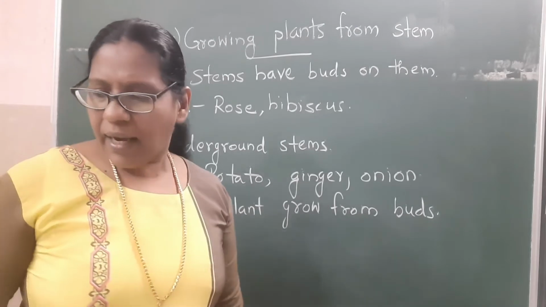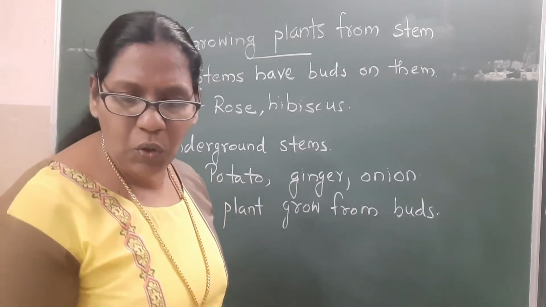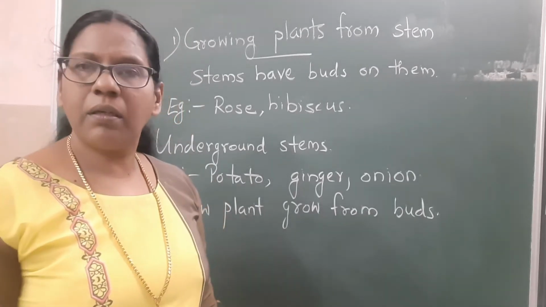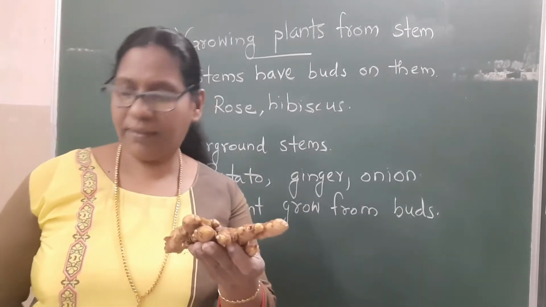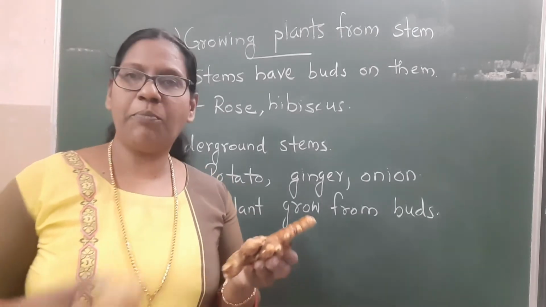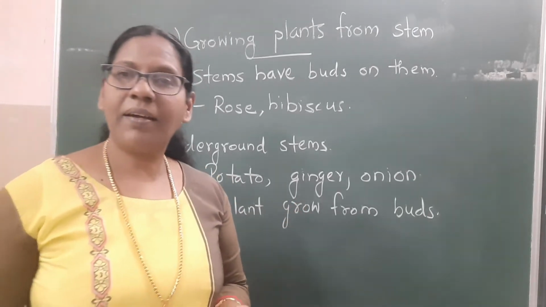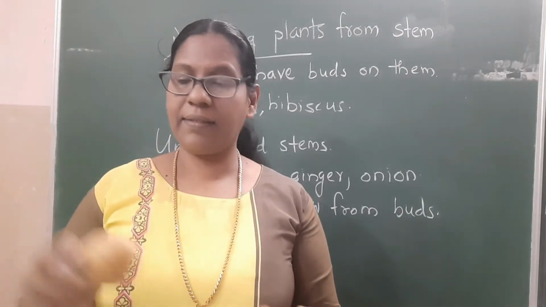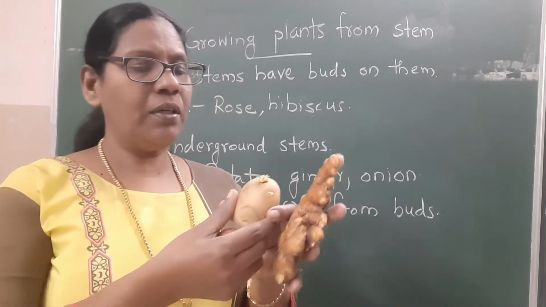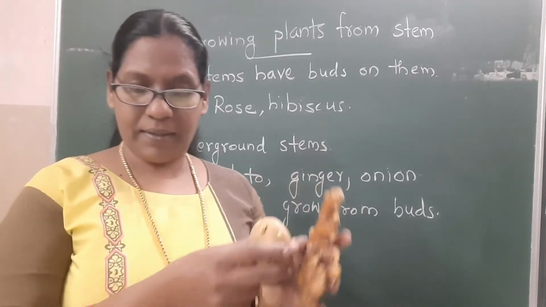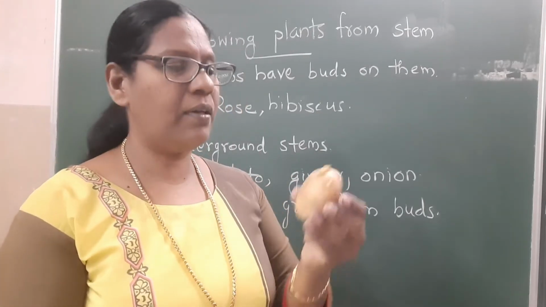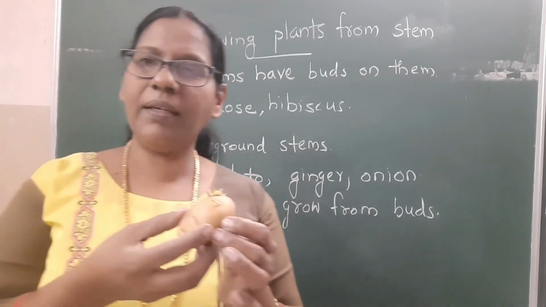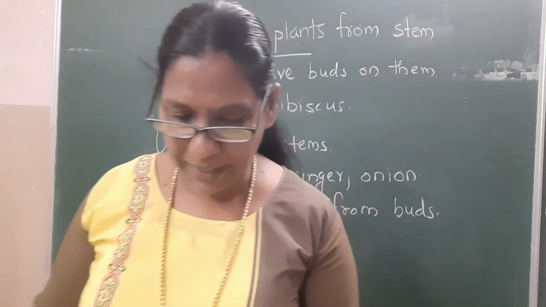And then there are some stems which grow underground. Example, ginger, potato, onion. Now these also have buds. See here on potato, you can see the buds. These buds grow and then a new plant will grow from this.